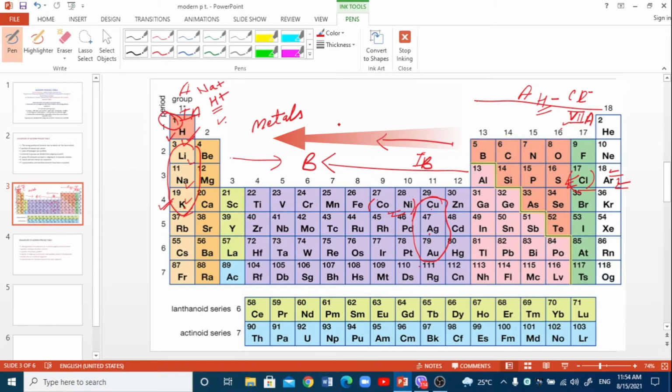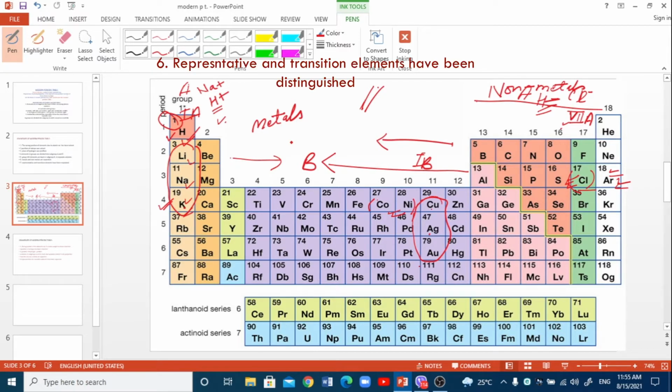And non-metals are here on the right side of the table. That is why the elements could be recognized and studied separately and easily, whereas this advantage was not there in Mendeleev's periodic table. Metals and non-metals did not have separate positions.